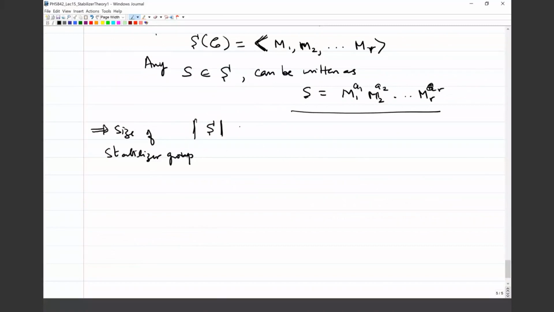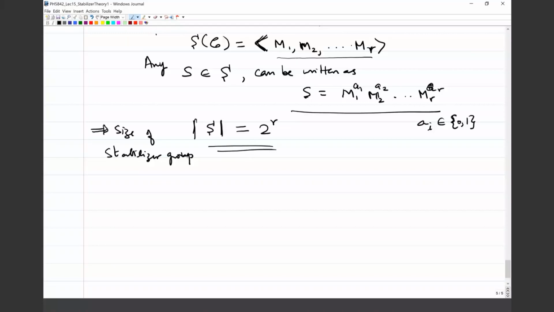So each Ai is either 0 or 1, right? So I have basically binary strings of length R. How many of them do I have? 2 to the R. So a stabilizer group, remember these are subgroups of Pauli groups, so these are all Pauli operators.